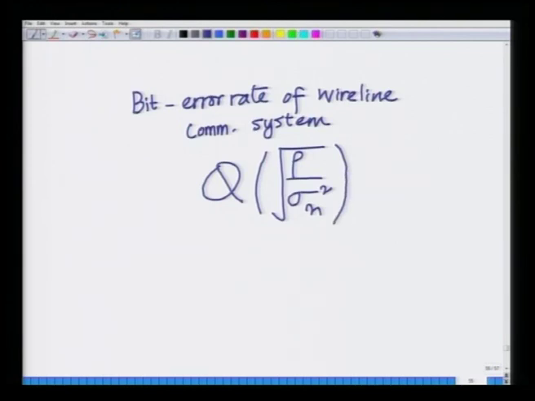And remember, let me go back to our system model y equals x plus n.